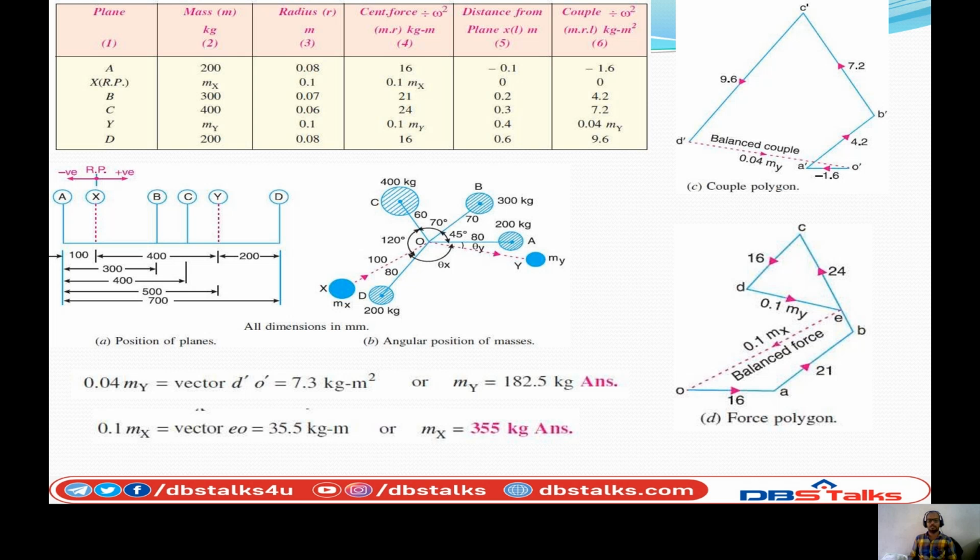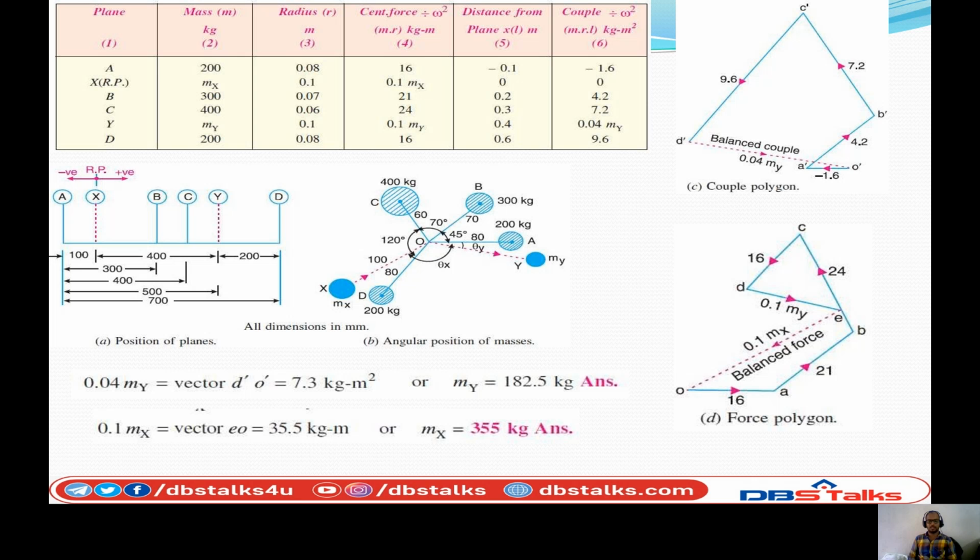was placed finally. So from D to O we simply have to close up the polygon. So this is called the balanced couple, that is related to 0.04 m by. So we just mark the length of this O dash D dash, that will result in 7.3 kg meter, that is equal to 0.04 m by.